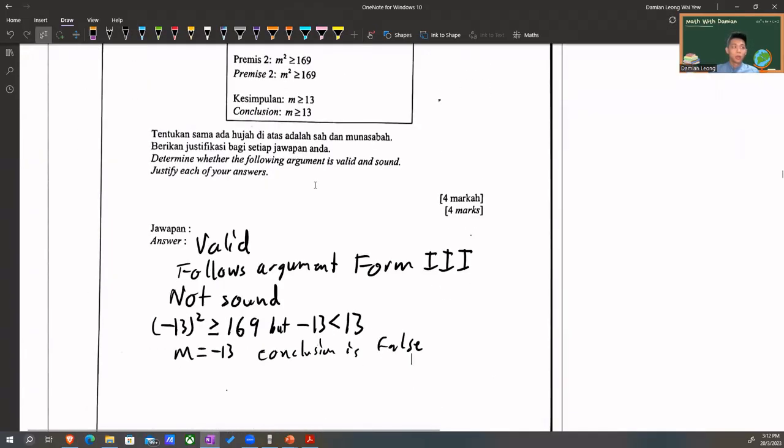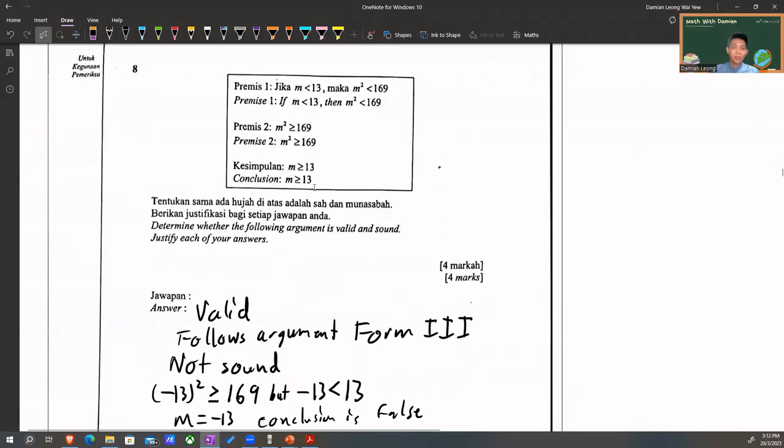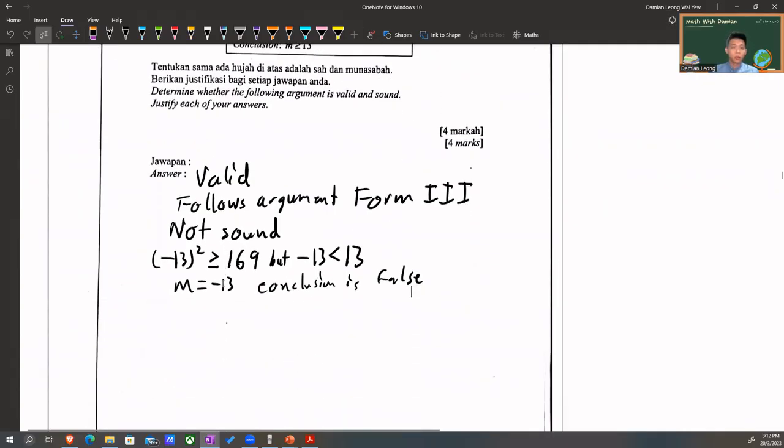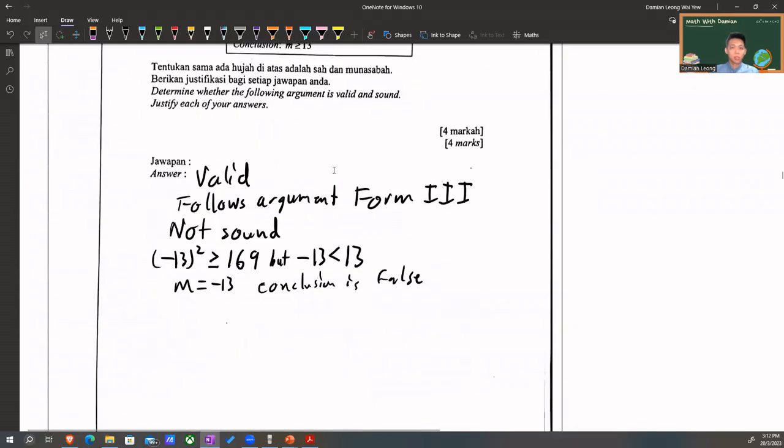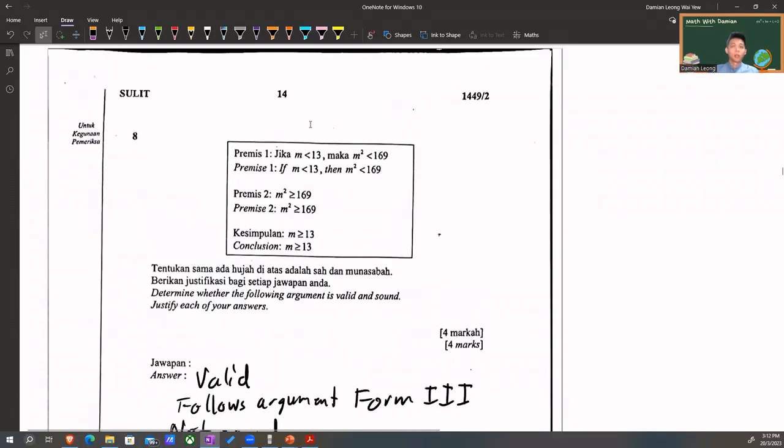So I can also say premise 1 is false actually. I can say premise 2 is still correct for this, but the conclusion is false, or I can straight away say premise 1 is false because m less than 13.